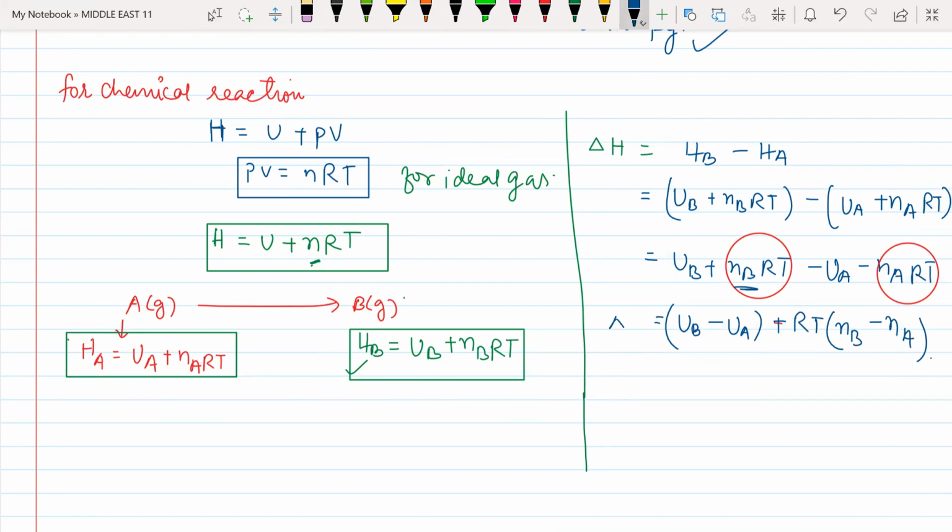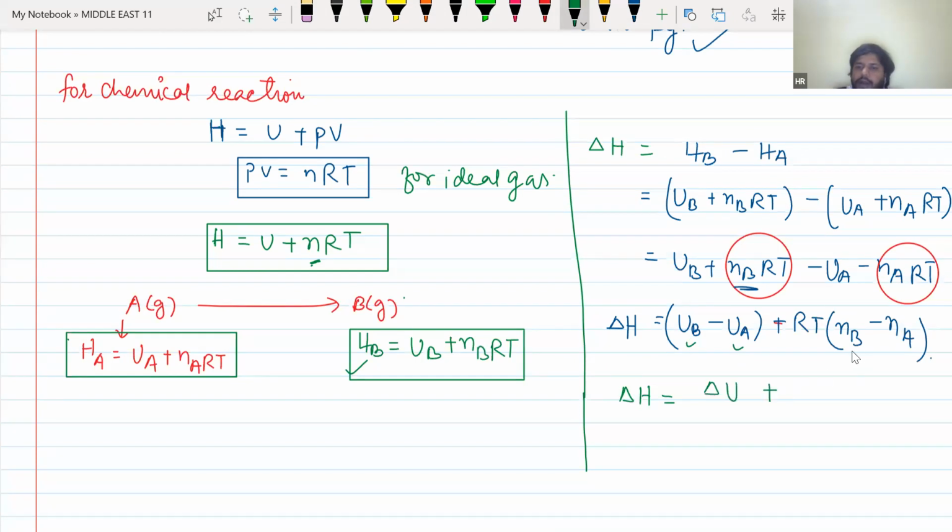Everyone okay with this? Yes, sir. Now see, change in enthalpy equals final minus initial, which equals change in internal energy plus the number of moles of gaseous product minus the number of moles of gaseous reactant. That is very important. If a substance is given in liquid or solid state, just leave it, take it as 0. I am writing it as delta Ng RT.